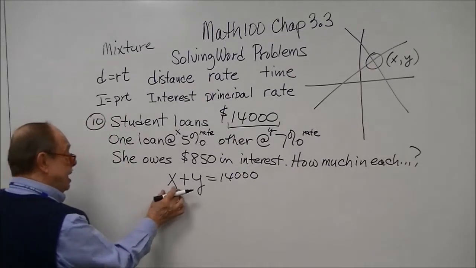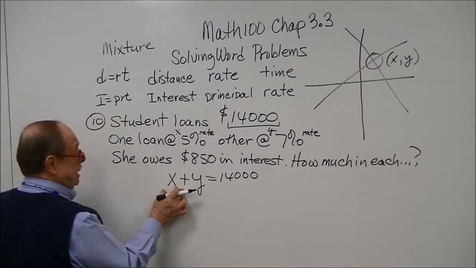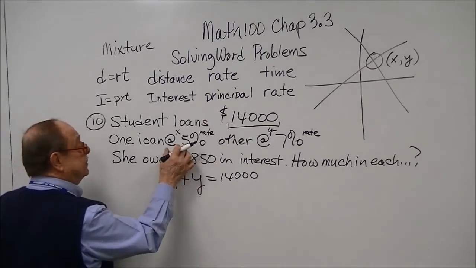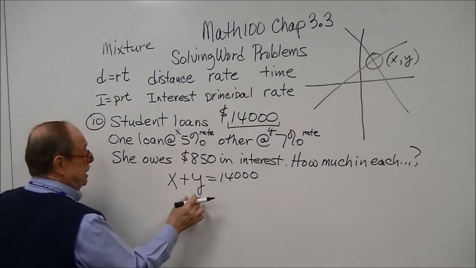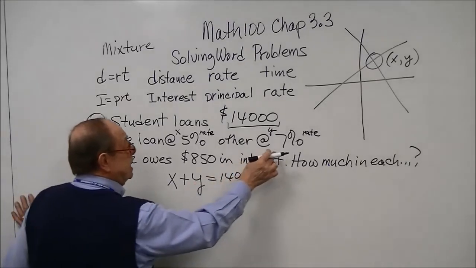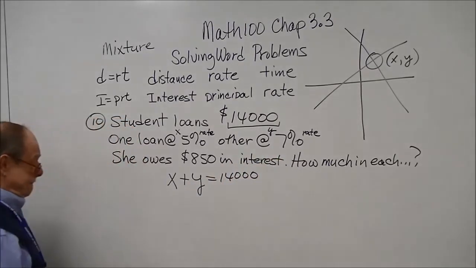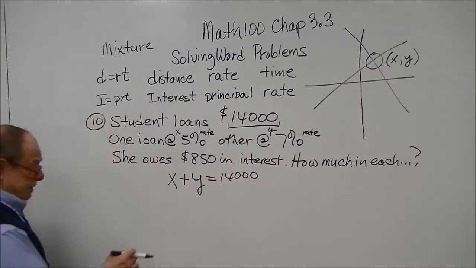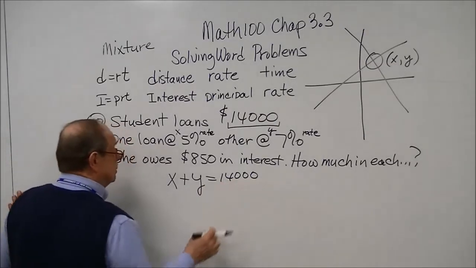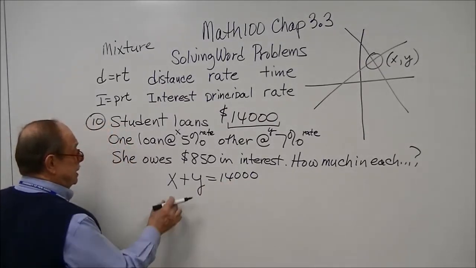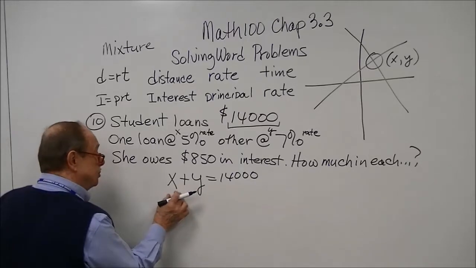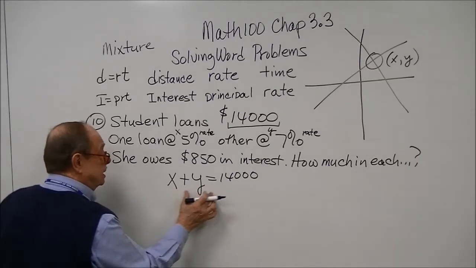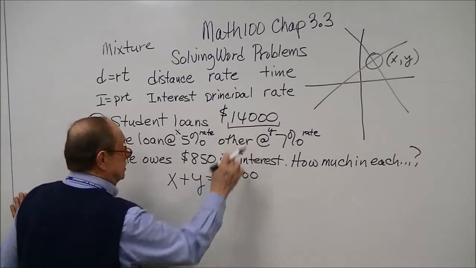So this is the amount she has with the interest of 5%, and this is the amount she has at 7%. And this is the total amount of principal. So in a sense, this is part of the principal, this is the total principal.